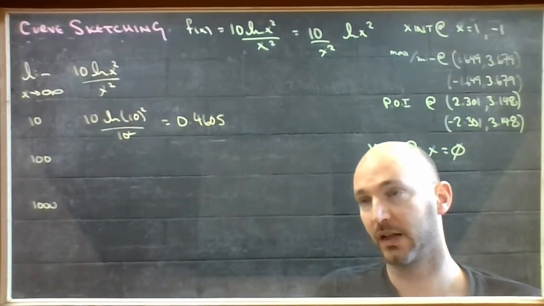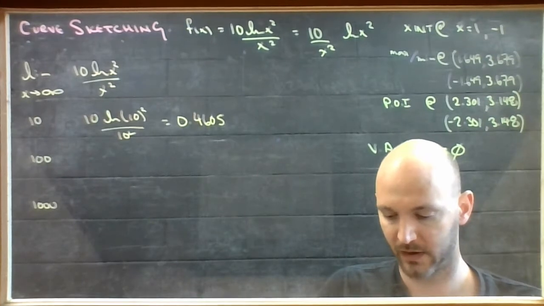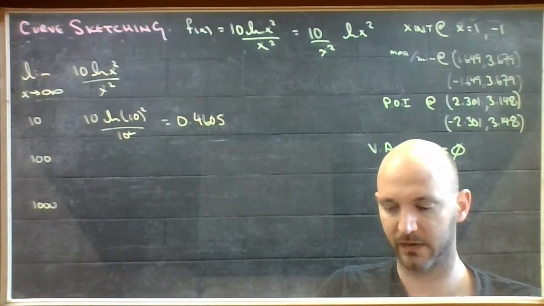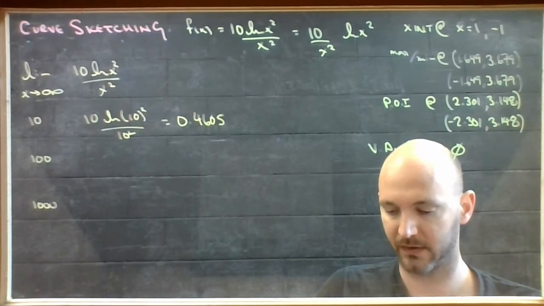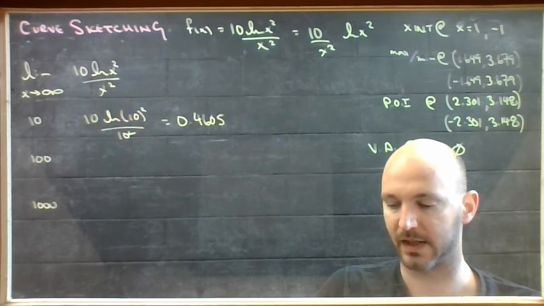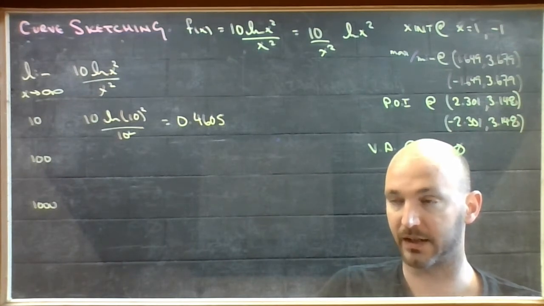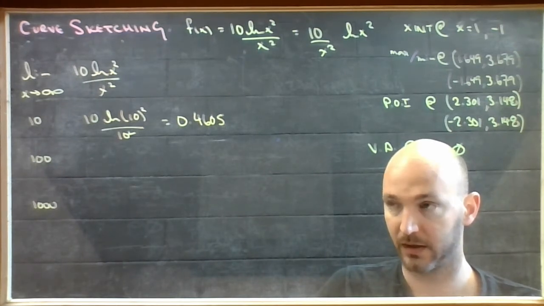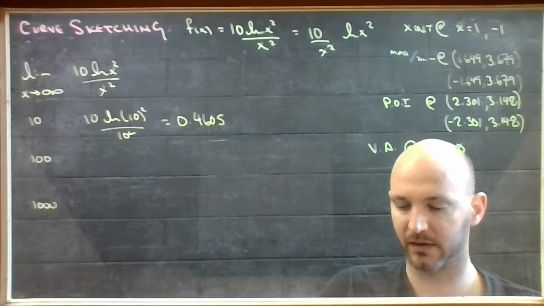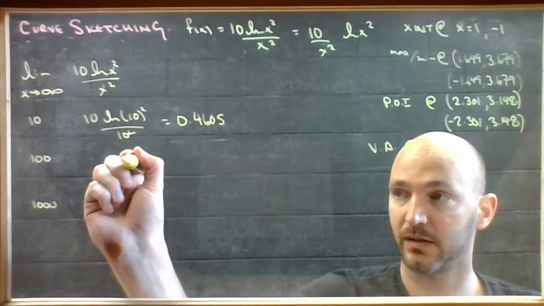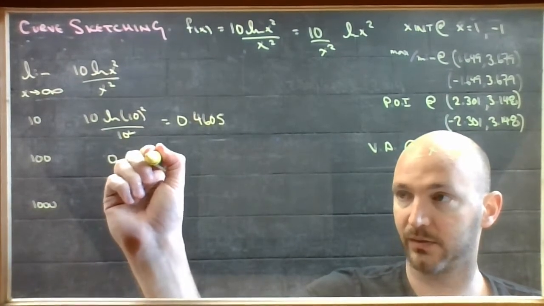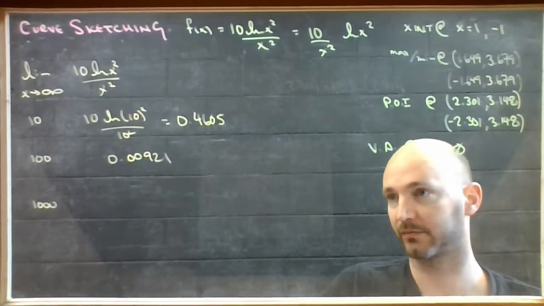Alright, I'm going to try 100. So 100 squared is 10,000. Ln of 10,000 is 9.2 times 10 is 92.103 divided by 100 squared gives me 0.00921.